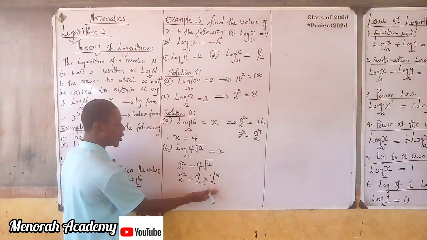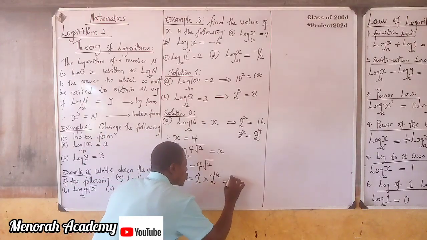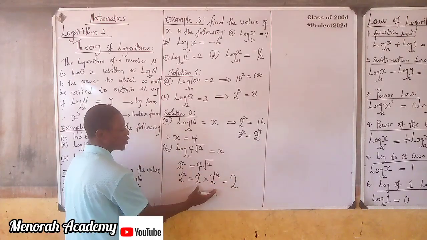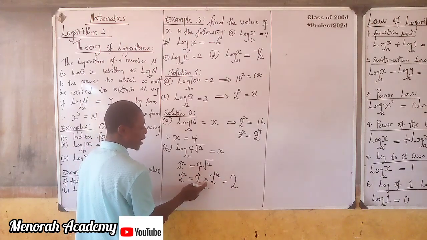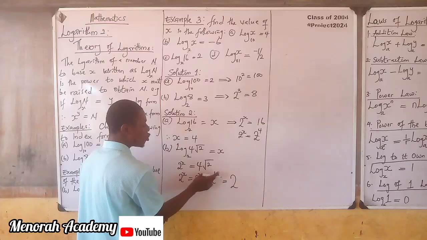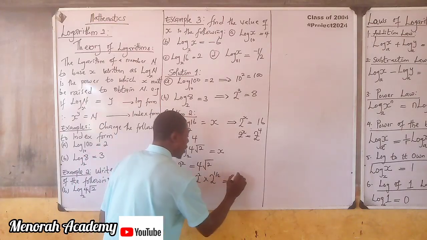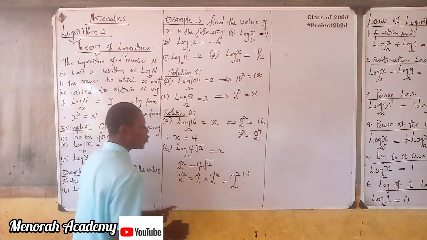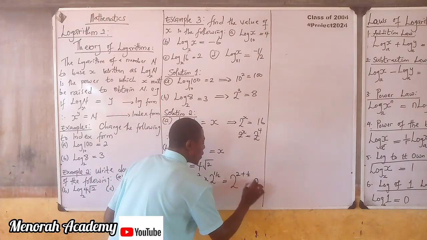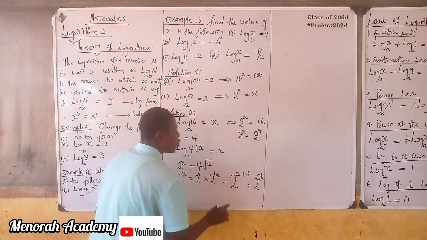So this is still equal to 2 raised to the power of, according to the law of indices, if you have these powers multiplied together with the same base number, you add their powers. Pick one of the base numbers, add the power, which is going to be 2 plus 1 over 2, which is the same thing as 2 raised to the power of 2 whole number 1 over 2.